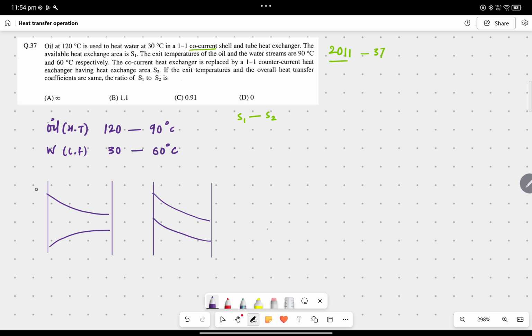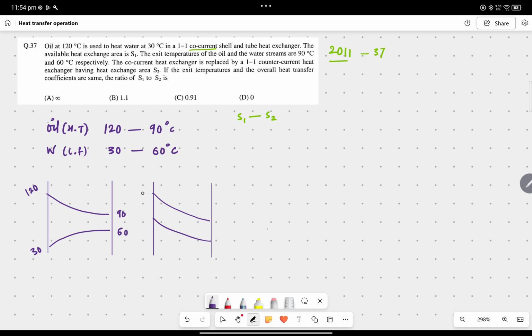So in co-current we have the entering temperature of the hot fluid as 120, and the entering temperature of the cold fluid as 30 degrees Celsius. All temperatures are in degrees Celsius, and the exit temperature of the hot fluid is 90 degrees Celsius, and the exit temperature of the cold fluid is 60 degrees Celsius.